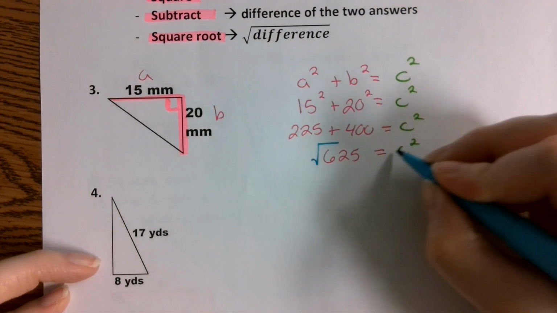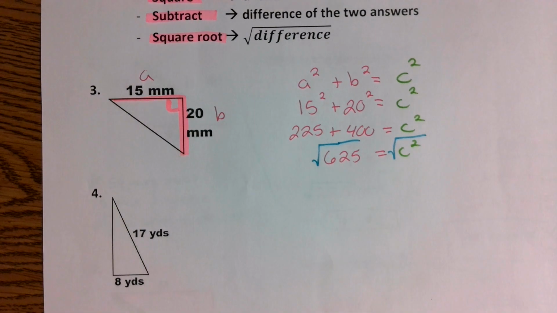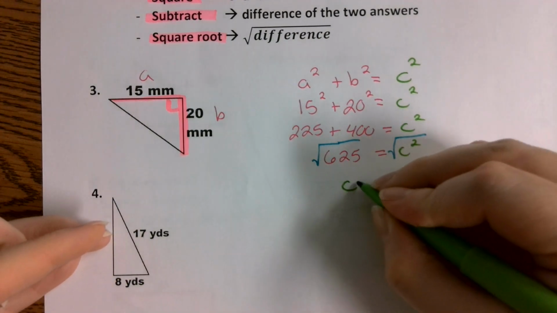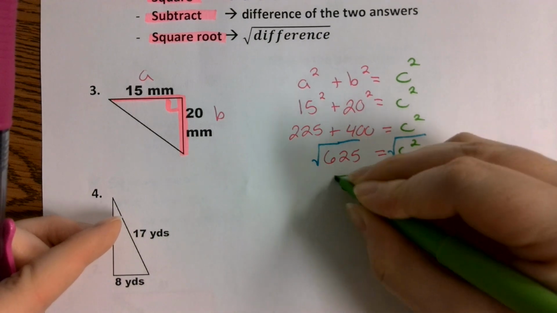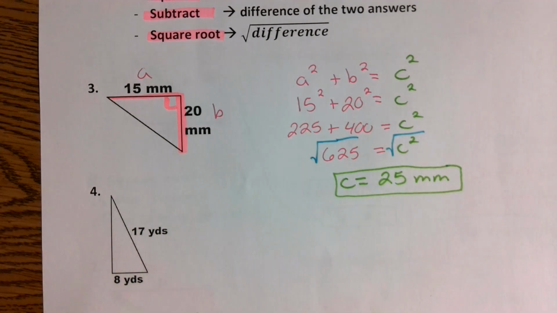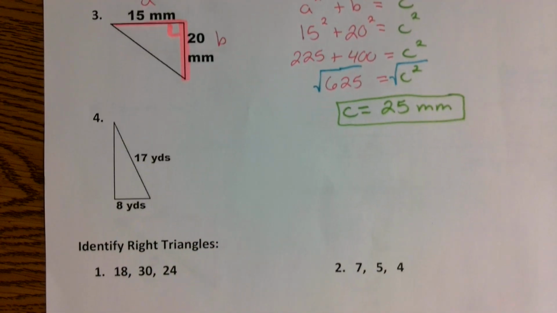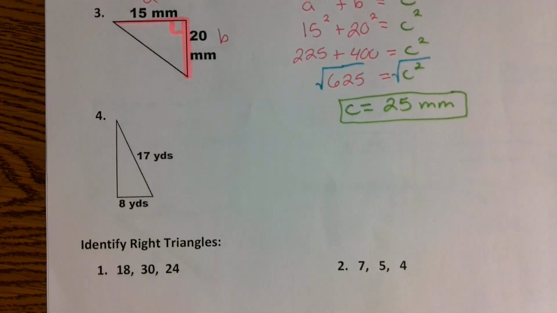So take the square root of both sides, and you'll get your value of C, and C is going to be equal to 25 millimeters. Don't forget to put your unit of measurement. 25 millimeters.